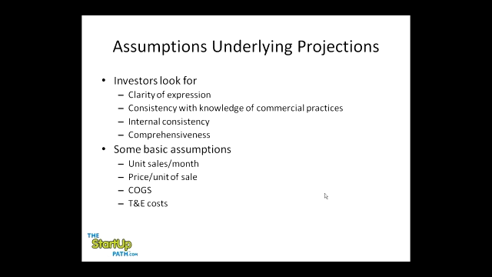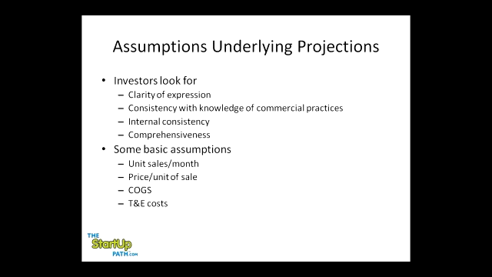So your assumptions are going to be incredibly important here. Whether it's investors or loan officers, they're going to be looking for the clarity of the expression of the assumptions that are underlying your projections. They're going to be looking for, are you consistent with knowledge of commercial practices? That's to say that if you're projecting that you're going to grow 100%, 200% a month, and typically companies that are entering this industry only grow at 5% a month, they're going to wonder whether or not you're just pulling numbers out of the air to feed a fantasy or something.